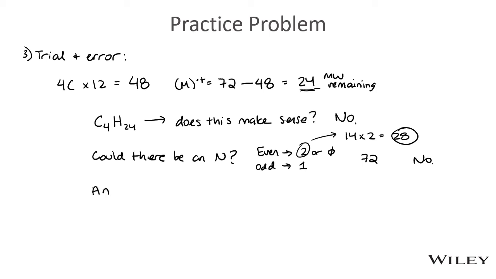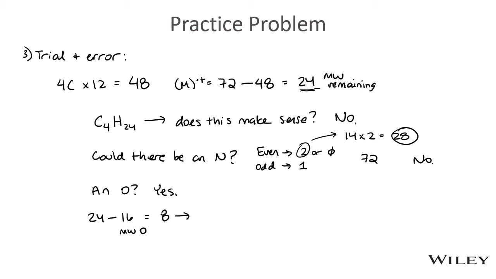So our next question, could there be an oxygen? Sure, an oxygen has a mass of 16. We have 24 molecular weight remaining, so an oxygen can easily account for 16 of that remaining 24. Okay, so now we have 8 remaining.